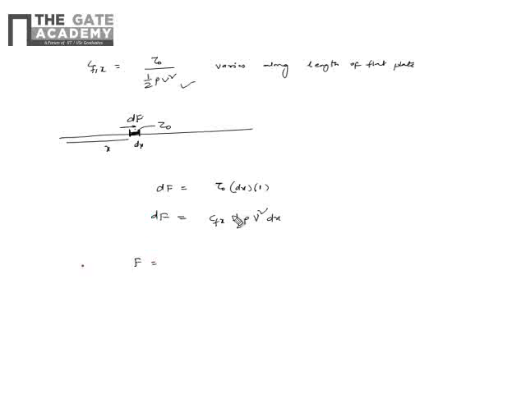Now if I want to find the total drag force, I integrate CFX half rho v square dx from 0 to L, where x varies from 0 to L. I can take half rho v square out as a constant, so it is CFX dx from 0 to L.